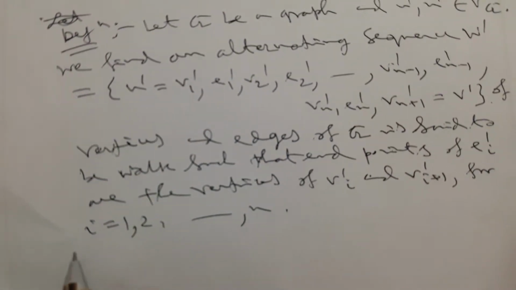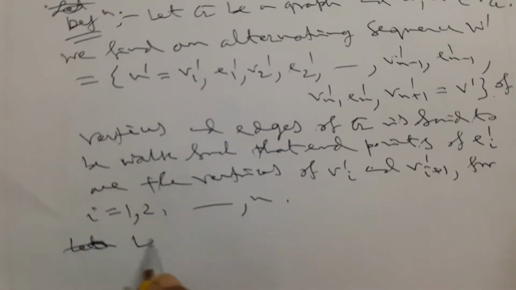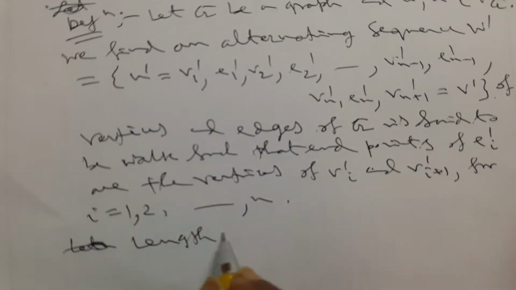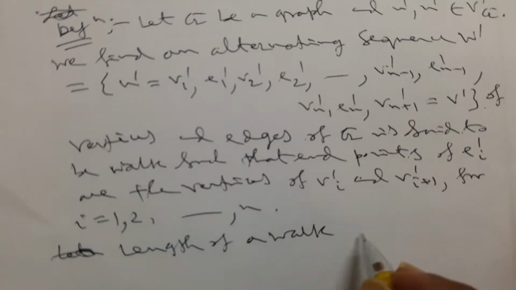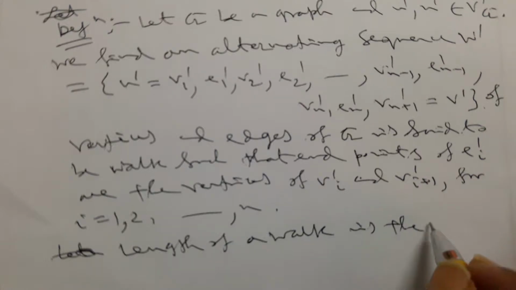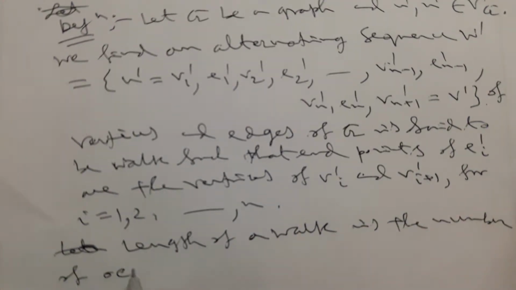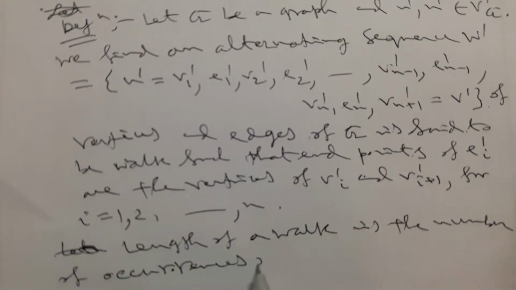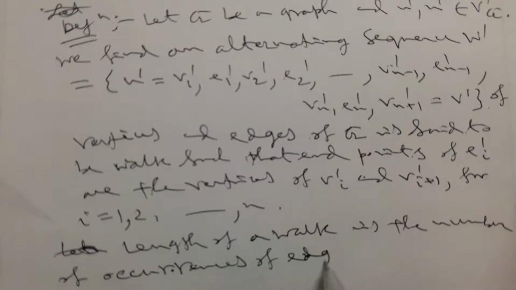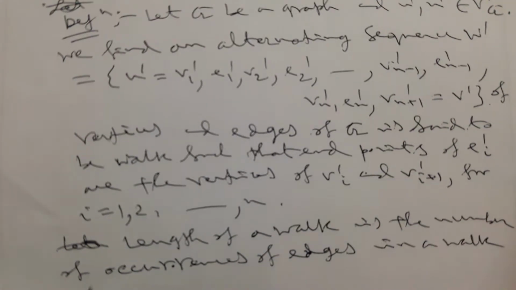Next, the length of a walk. The length of a walk is the number of occurrences of edges in the walk sequence.